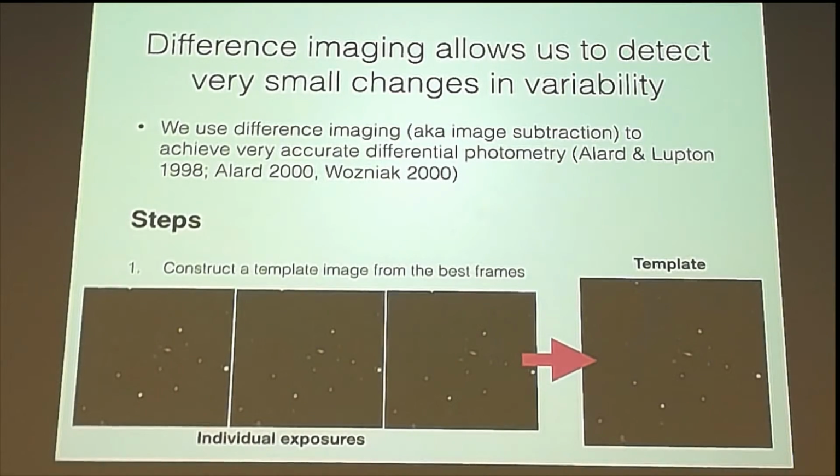The first step is to create a very high quality template image from the best frames in your set, so the images that have the best seeing and the lowest background. You combine those to create one really high quality template image.